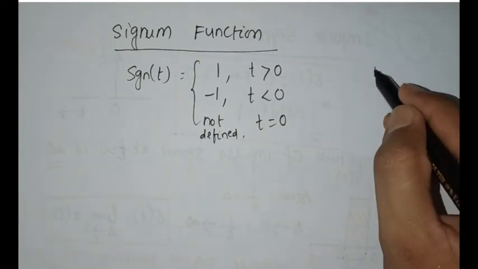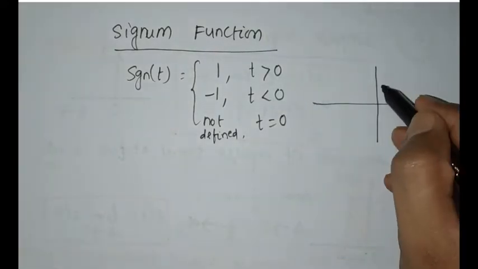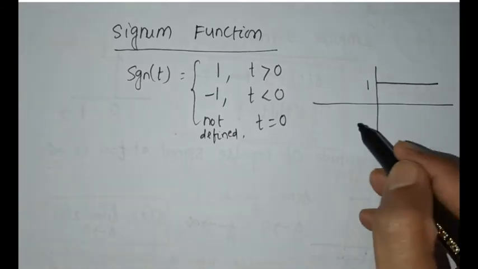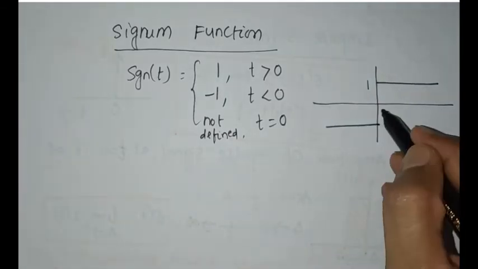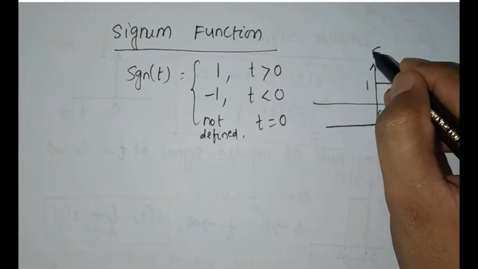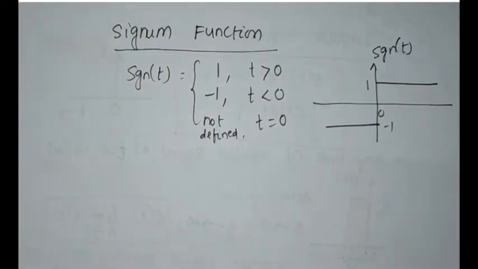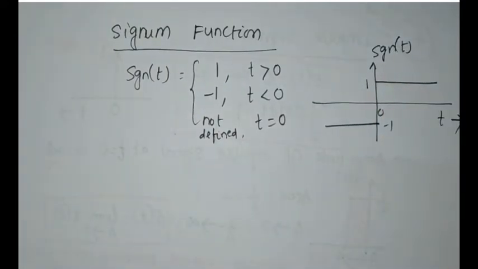How can you represent it? This is 1, this is minus 1. This is your signum function of t.